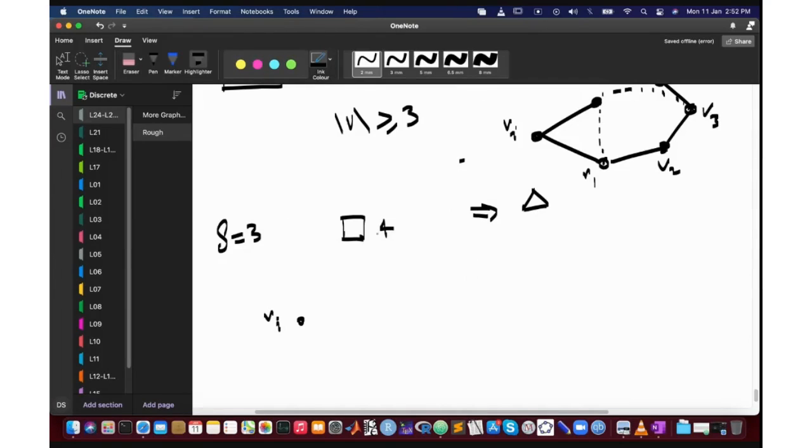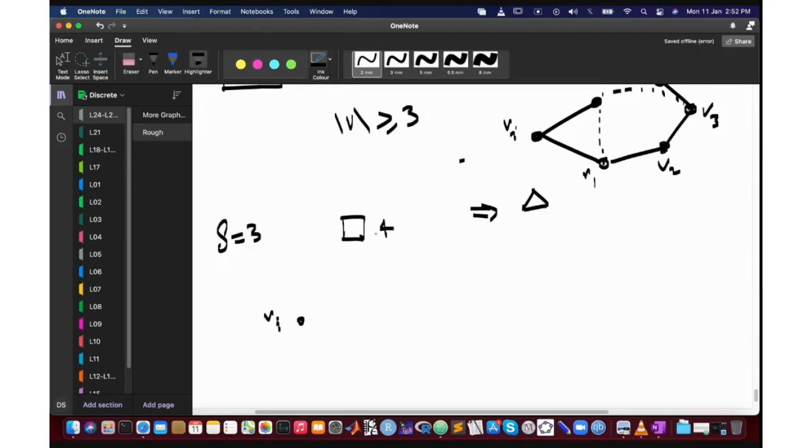Yes. How do we know that there is a cycle of length 4? I agree this implies that there are 4 vertices, but how does this imply that there is a cycle of length 4?